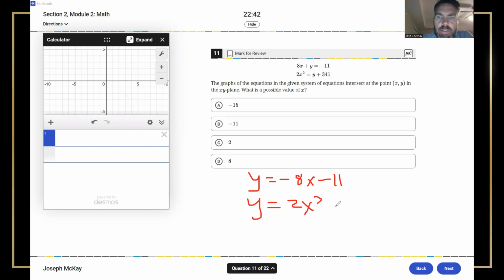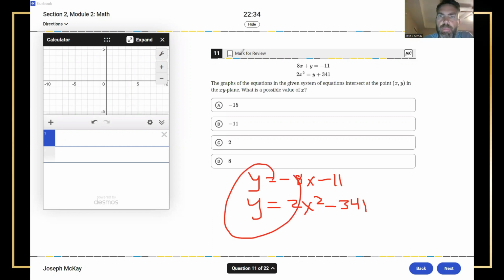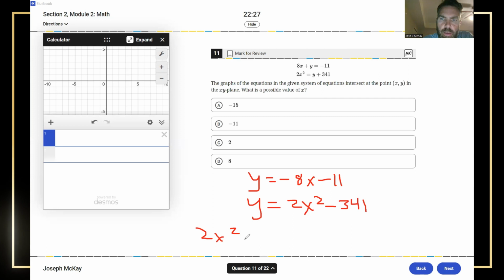2x squared minus 341, which will leave me the positive y by itself. And then I flip that whole equation around just so that my y is on the left on both of them. Now I just want to set the whole thing equal. So I'm going to go 2x squared minus 341 equals minus 8x minus 11.